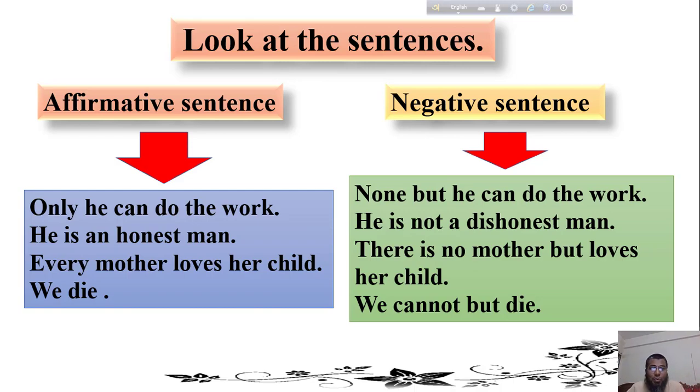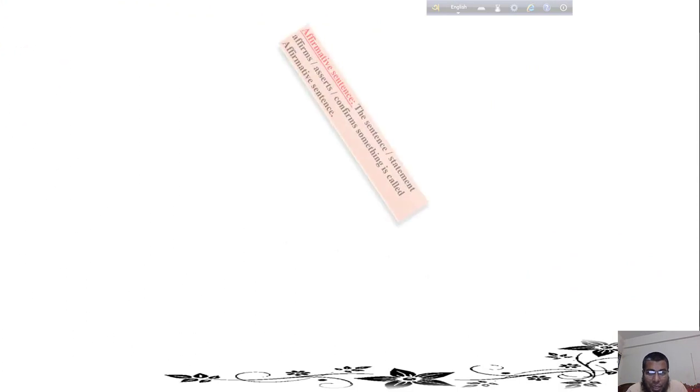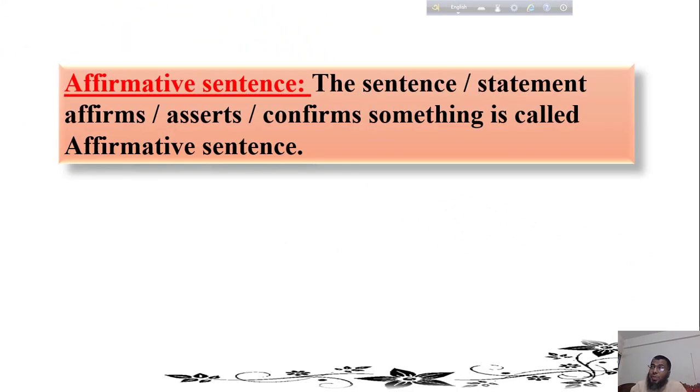Now, my question to you, my dear students: what is an affirmative sentence? The answer is here, the definition of affirmative sentence. Please note this down. The sentence or statement that affirms, asserts, confirms something is called an affirmative sentence.